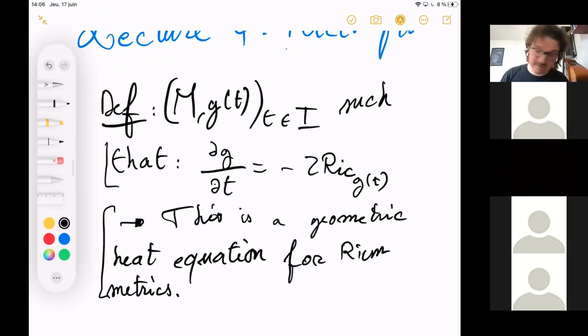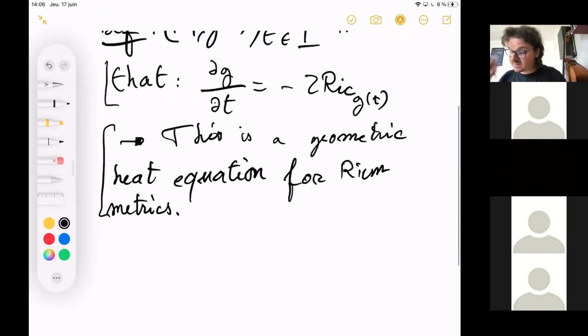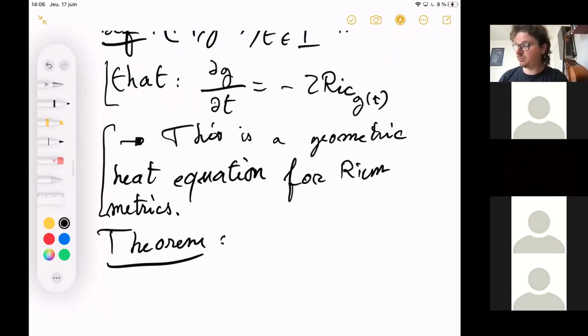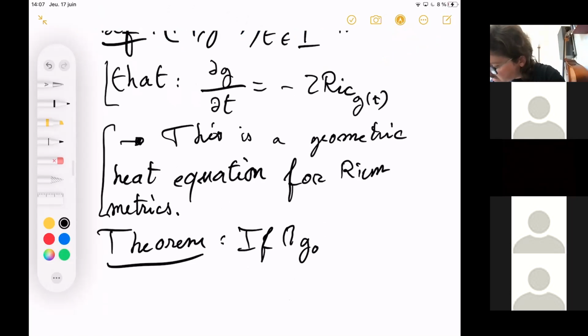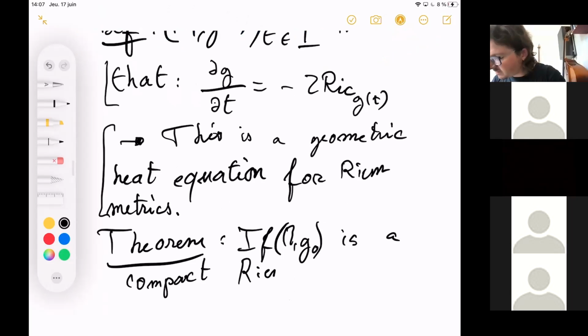So what do we do with that? Maybe let's first state a theorem, for which we won't have time to say much about the proof. Say (M, g₀) is a compact Riemannian manifold.